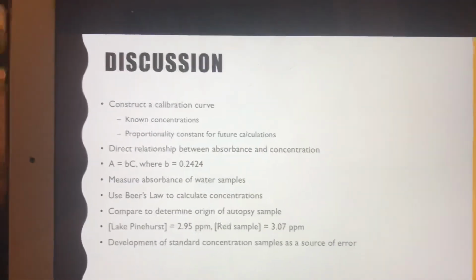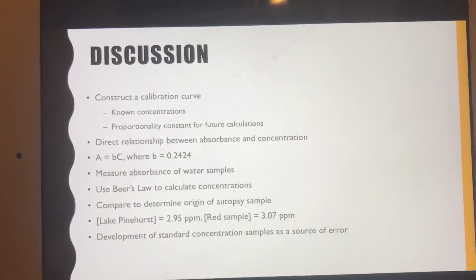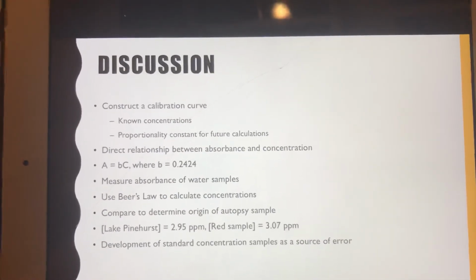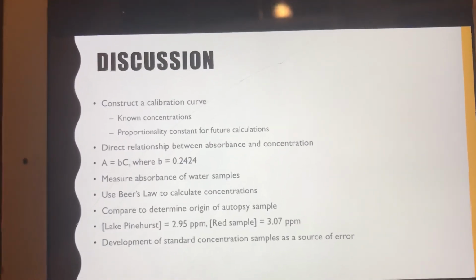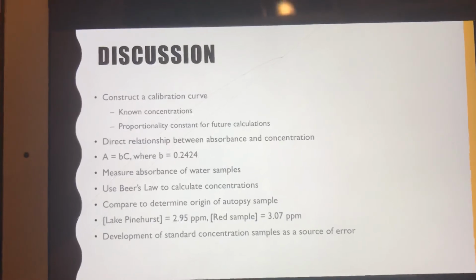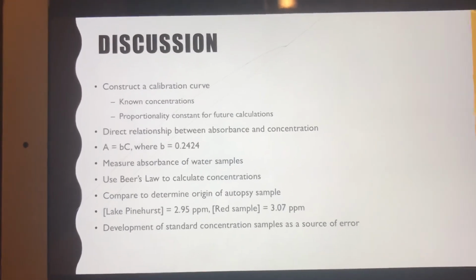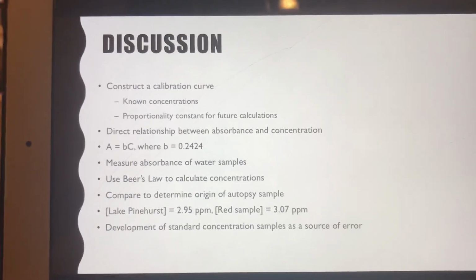So our discussion. We use the calibration curve to determine that proportionality constant. We take known concentrations, 1, 2, 3 through 5 parts per million, and measure the percent absorbance for each one. The slope of the line equals your proportionality constant. Then you have that direct relationship between absorbance and concentration, with the proportionality constant in the middle.